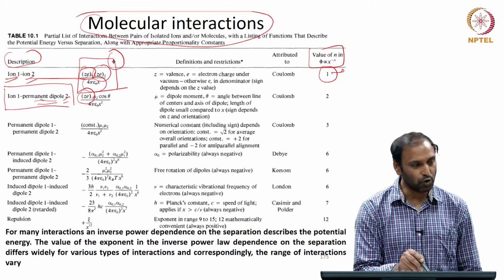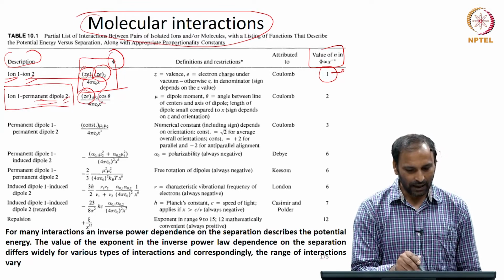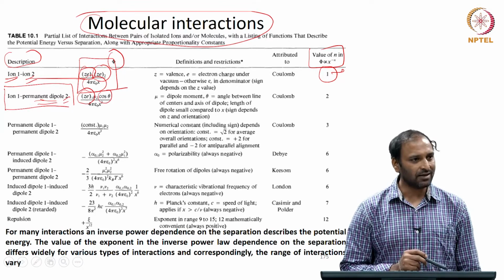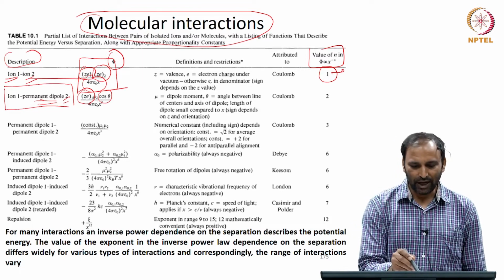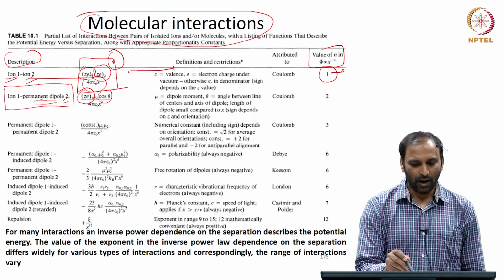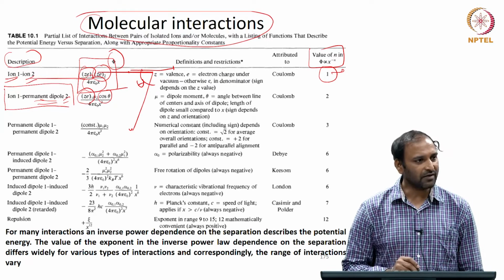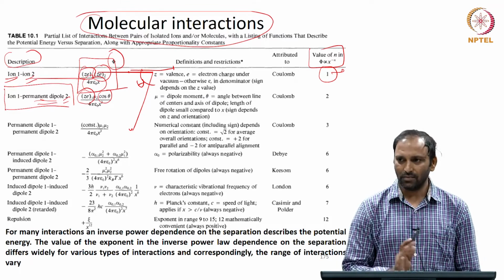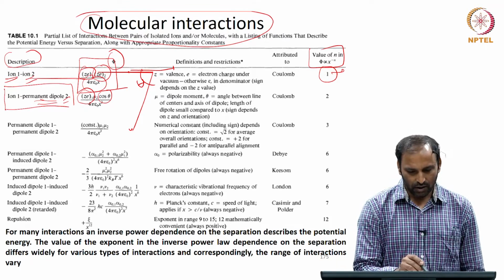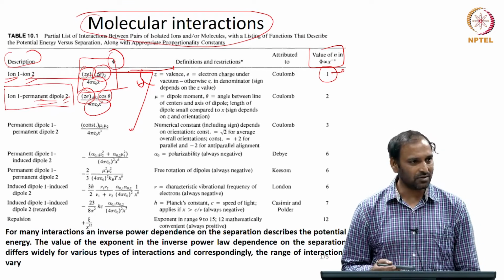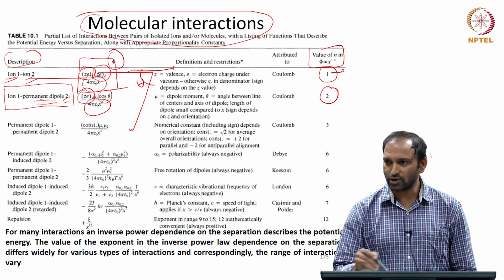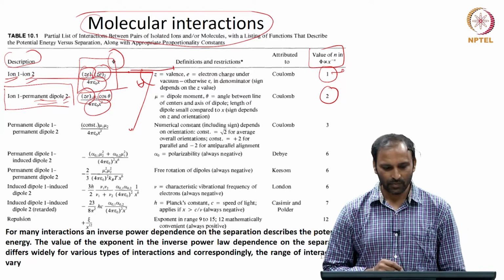Therefore it is mu 2 here, and cos theta, where theta is the angle. For example, I could have a dipole here and my ion could be here. It has a 4 pi epsilon naught x squared dependence. Therefore, your exponent is going to be 2.